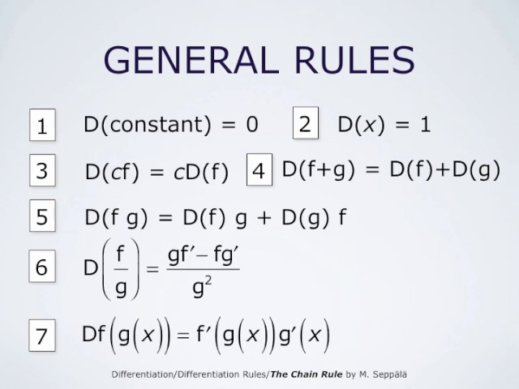Of these general rules, rule number 3 and rule number 6 are not absolutely necessary, because rule number 3 follows from rule number 1 and rule number 5 immediately, and rule number 6 follows from rule number 5 also.